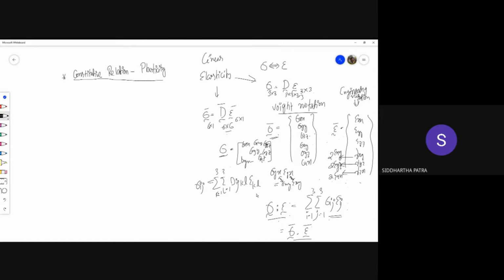Okay. So this is the so-called constitutive relation, essentially the relation between the stress and the strain. Okay, and now today we'll look for the constitutive relation in plasticity.